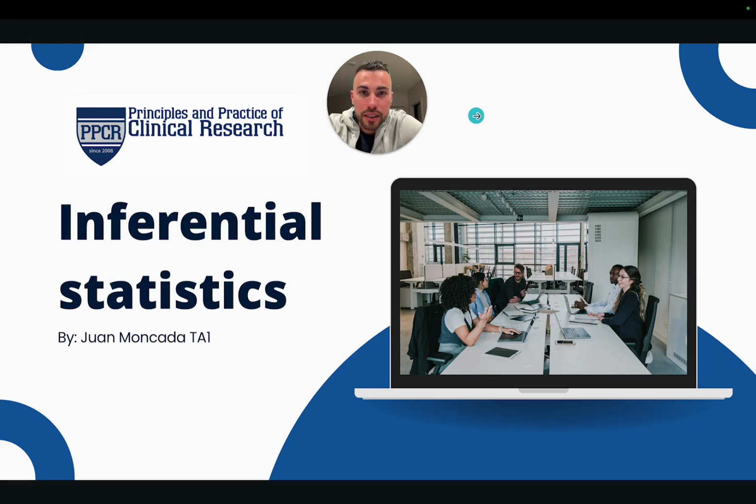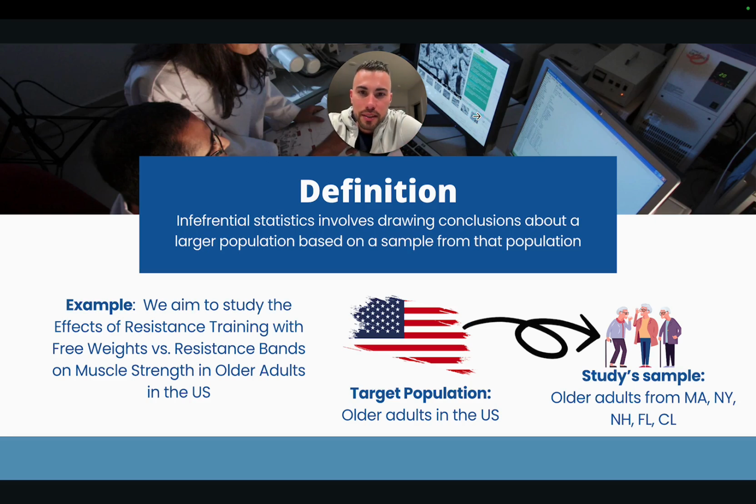Starting with our definition, inferential statistics involves drawing conclusions about a larger population based on a sample from that population. So let's say that we want to study the effects of resistance training with free weights versus resistance bands on muscle strength in older adults in the US.